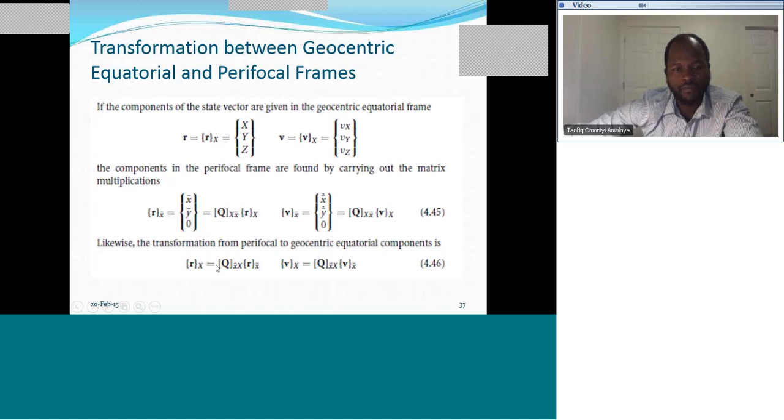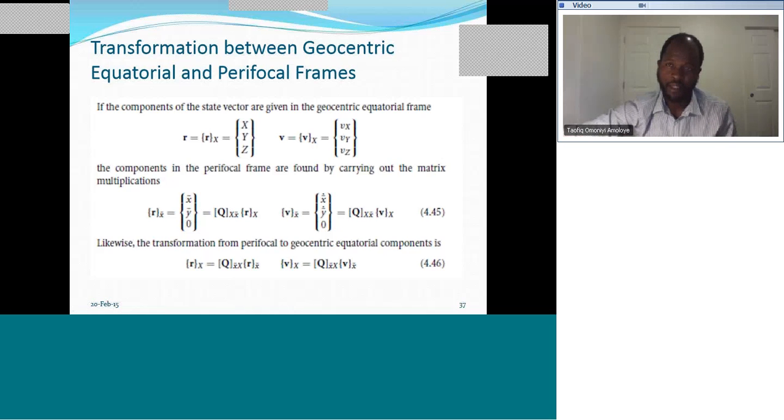And if we have the state vectors in the perifocal frame, we can also get the state vectors in the geocentric equatorial frame by multiplying the state vectors in the perifocal frame by the inverse of the transformation matrix from equation 4.45.